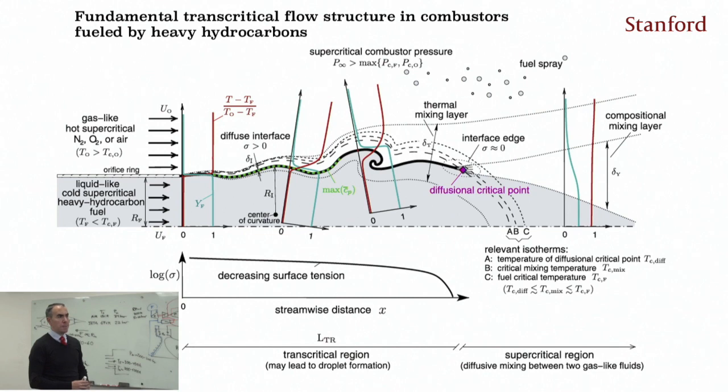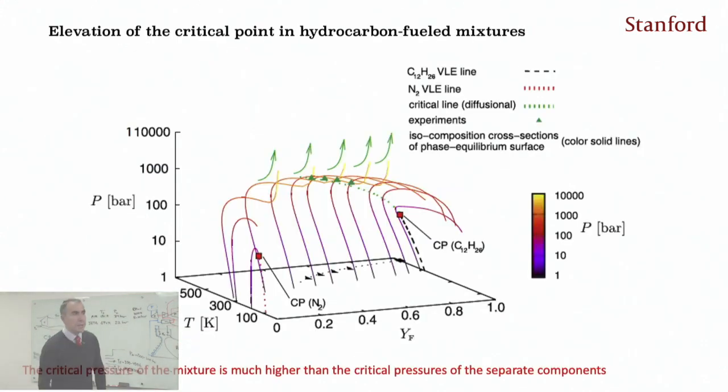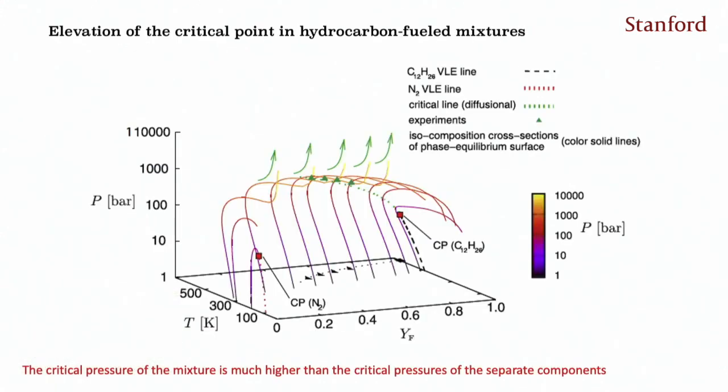So the presence of the interface has to do with a telescopic effect that happens in the critical point. When you take two species and combine them, the critical point actually rises, so the pressure increases. You can see that in this plot, a three-dimensional phase diagram for dodecane-nitrogen.